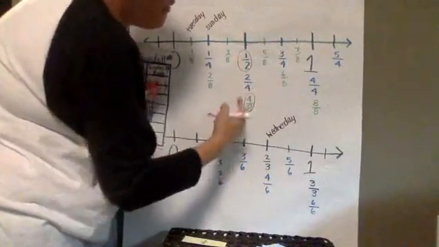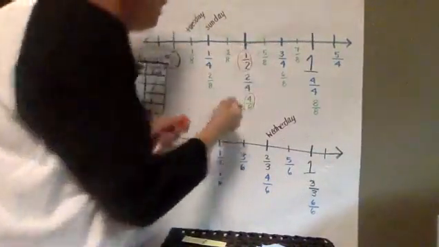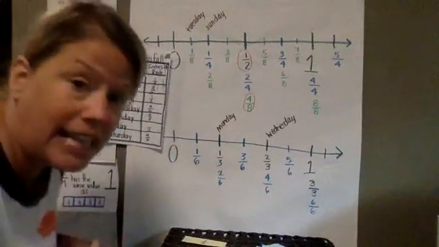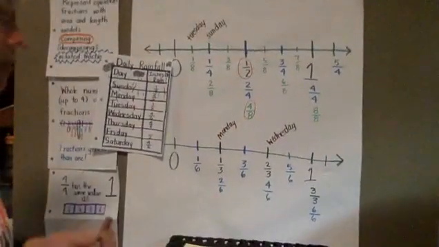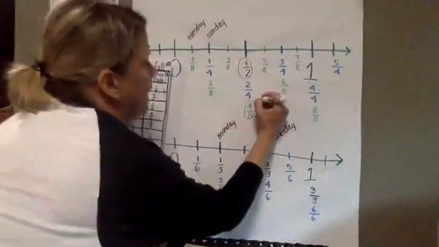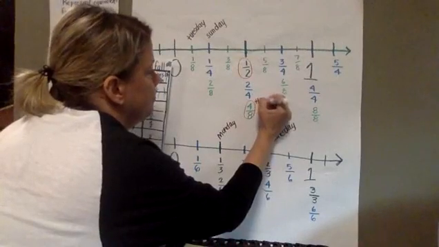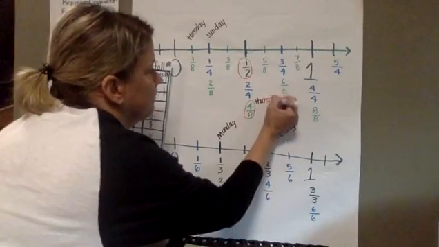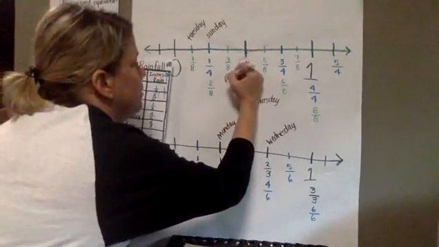So we showed that on our number line, which is our length model, and we showed it with our fraction bars, which is our area model. So this is Thursday, and this right here is Friday.